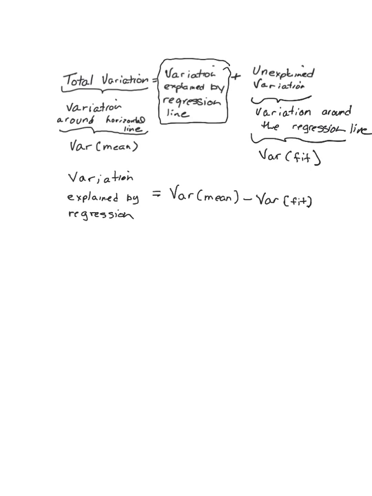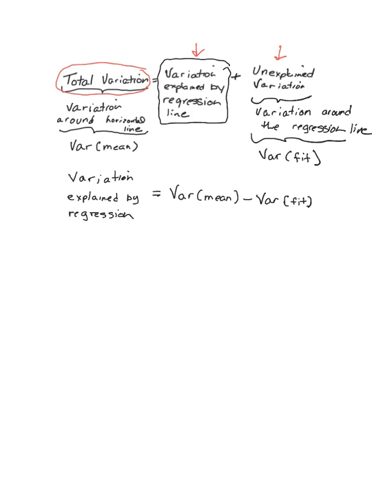So the variation explained by regression equals the variation around the mean minus the variation around the regression line. Also notice these are two components of the total variation.